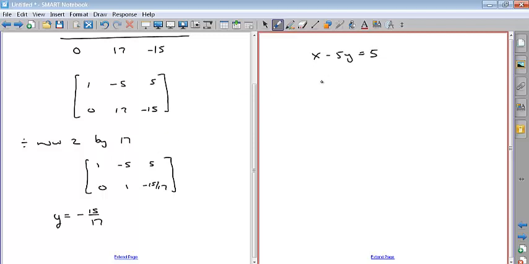If I solve for x, x is equal to 5y plus 5, so this goes to the other side and becomes positive. Then I plug in my value of y that I've calculated, which is 5 times -15 over 17, plus 5.